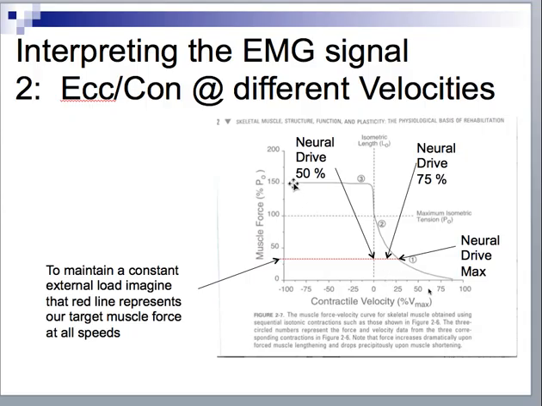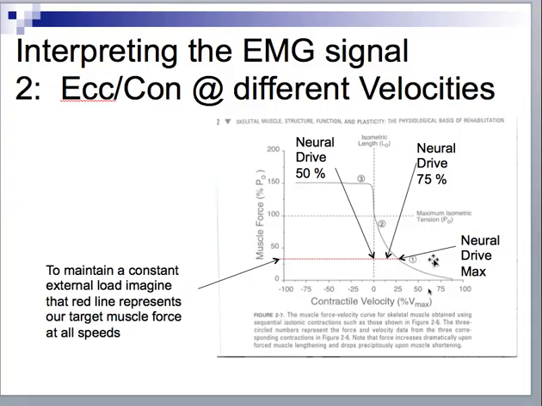So essentially what we can see is that neural drive varies with contraction velocity when force is kept the same. So essentially at 0 speed, we only need about 50% neural drive to the muscle. At a speed of 15% of the peak contraction velocity, we would need about 75% of neural drive to the muscle.